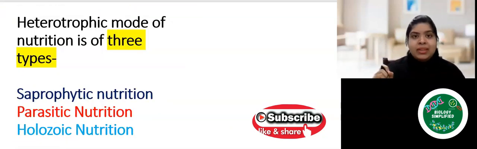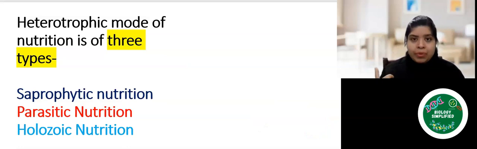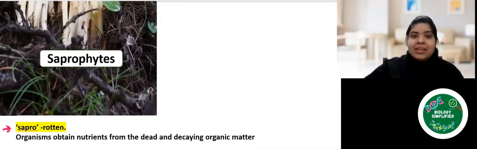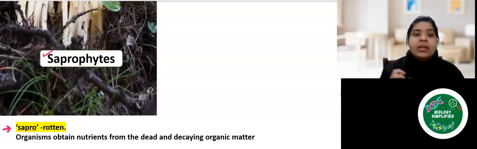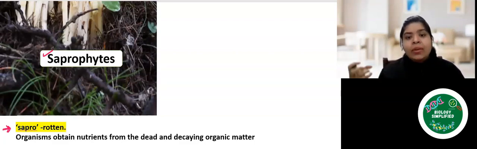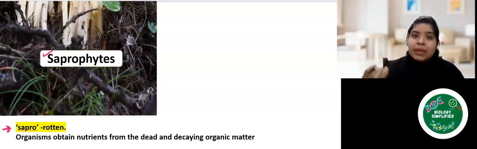Heterotrophic mode of nutrition can be of three types: saprophytic nutrition, parasitic nutrition, and holozoic nutrition. The word sapro means rotten. So, saprophytes are the organisms which obtain nutrients from dead and decaying organic matter. Saprophytes basically feed on the dead and decaying organic matter and obtain their energy from that food.